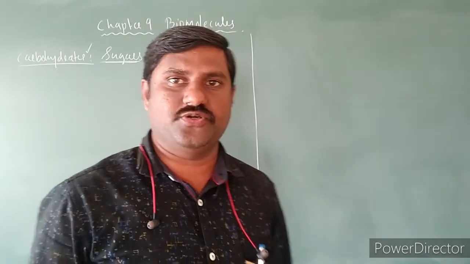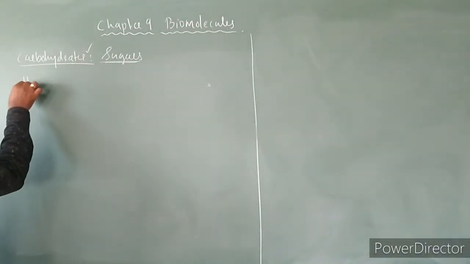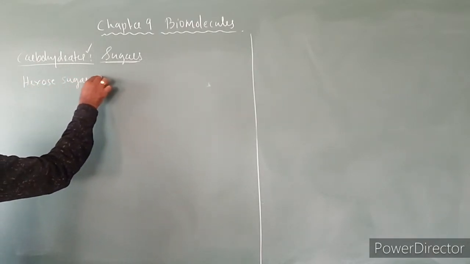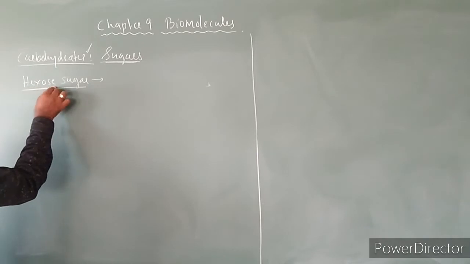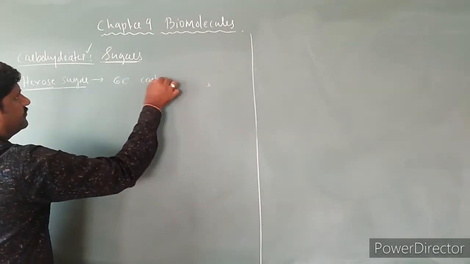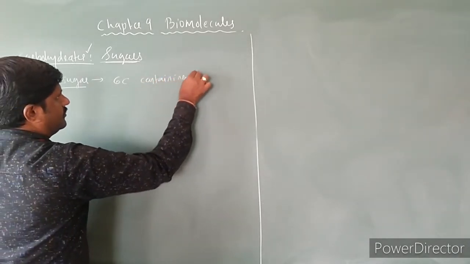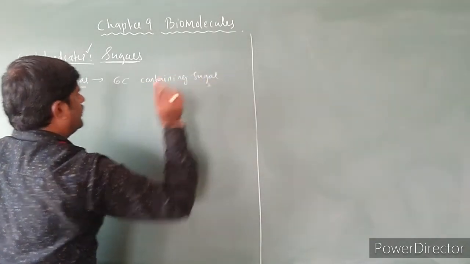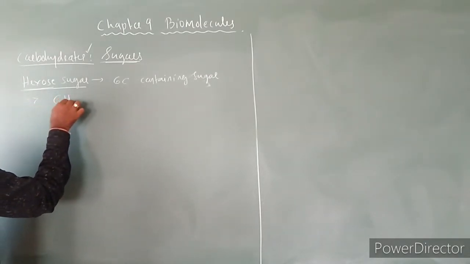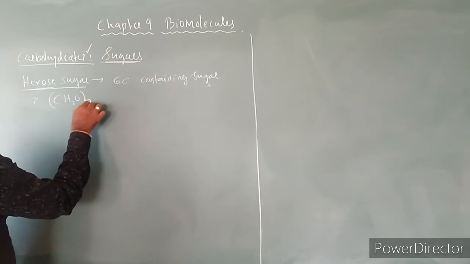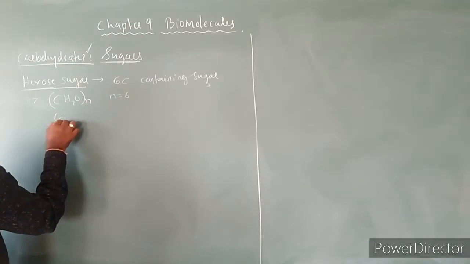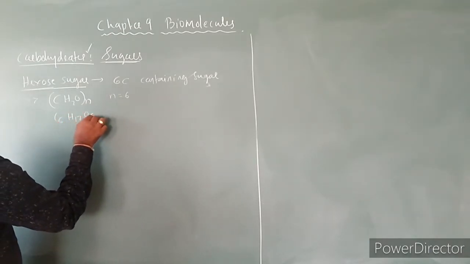Next one is hexose sugar. What is this hexose sugar? Hexo means 6. It is a 6-carbon containing simple sugar, right? So the general formula is (CH2O)n. If n equals 6, then C6H12O6.